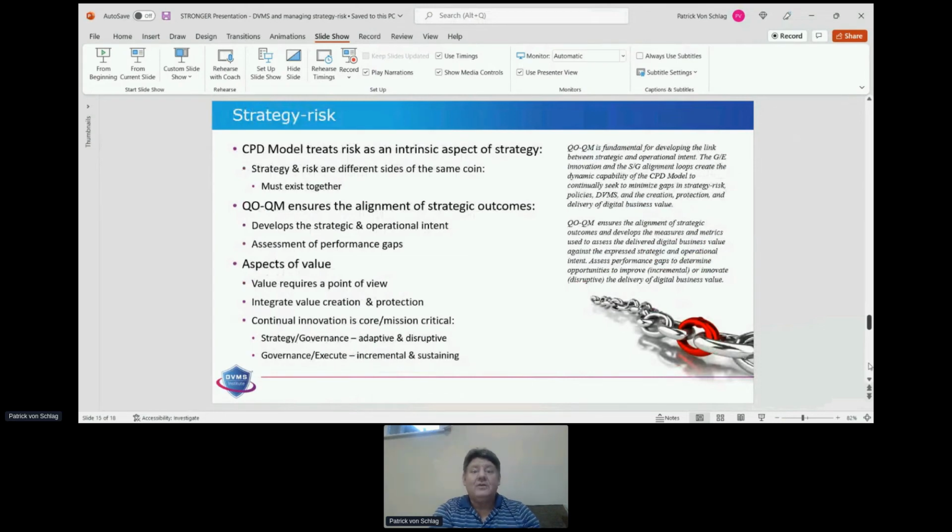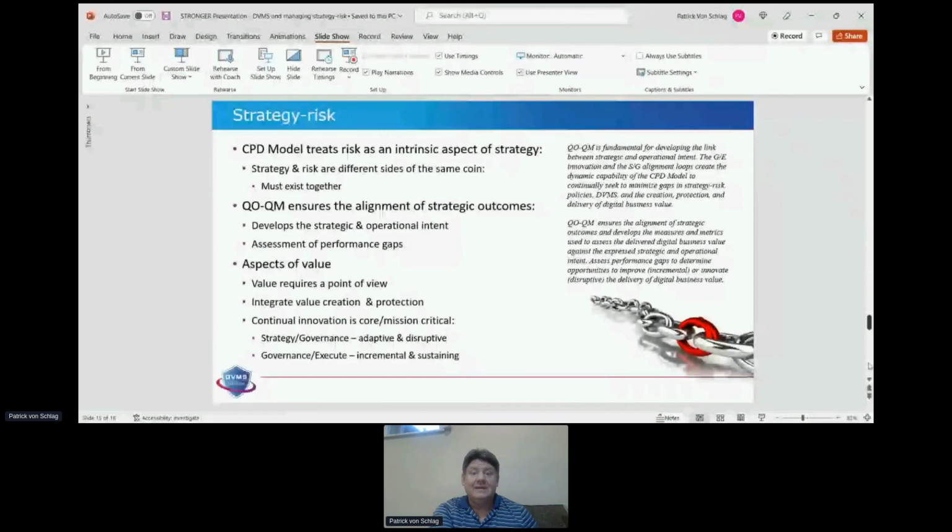As we embrace digital business goals, digital business plans, we drive more and more of our overall enterprise risk into digital risk. So if we're not making risk-informed decisions about strategy, we're not going to have successful strategies, right?